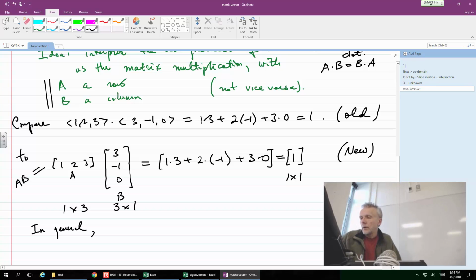An n by m matrix A and an m by k matrix B are multiplied.